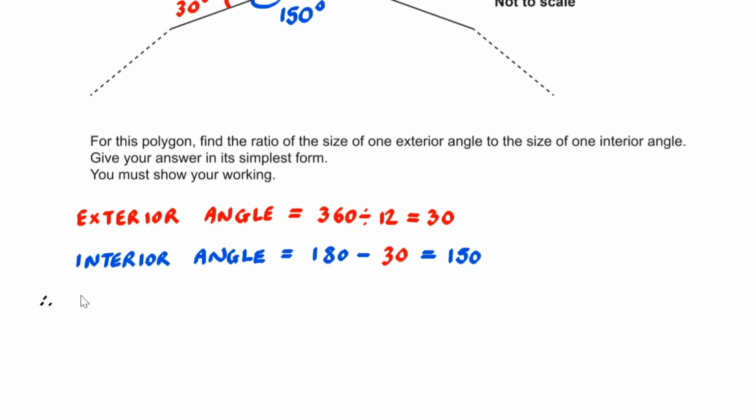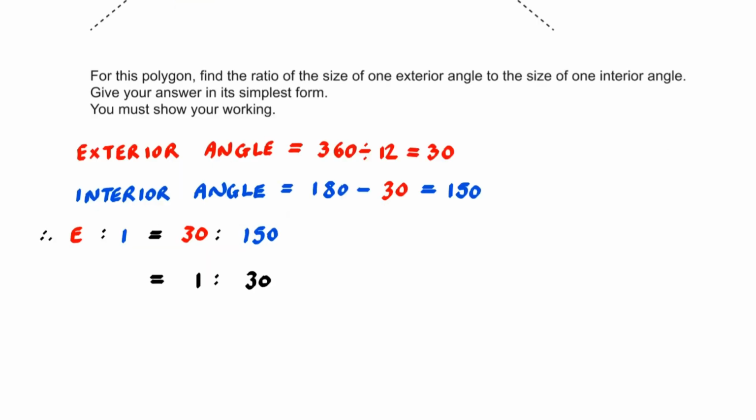So the ratio of the exterior angle to the interior angle, we have 30 degrees for the exterior angle, 150 for the interior angle, and simplifying this, we get 1 to 5.